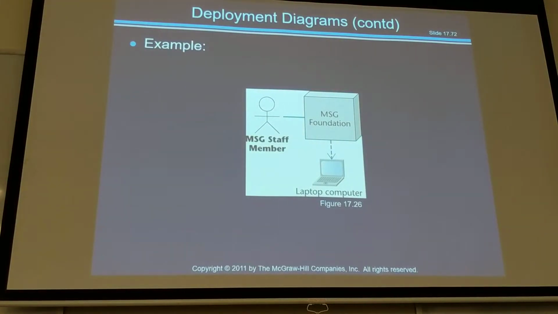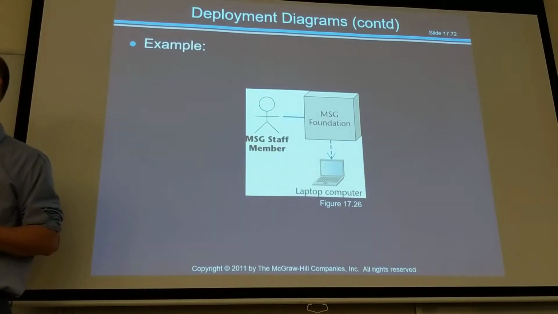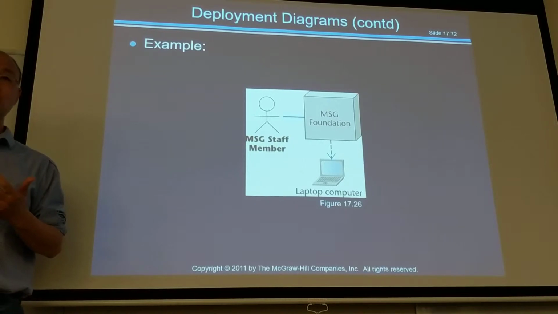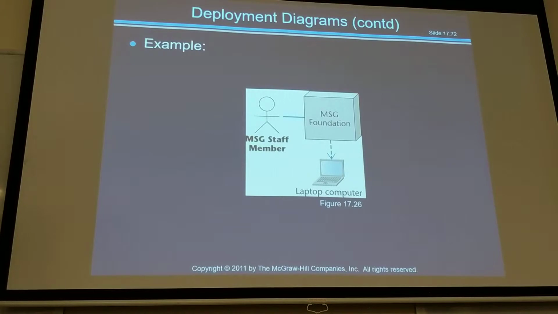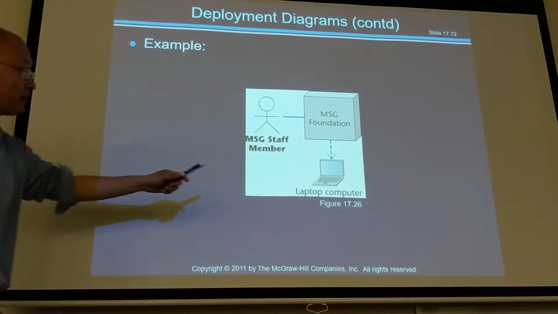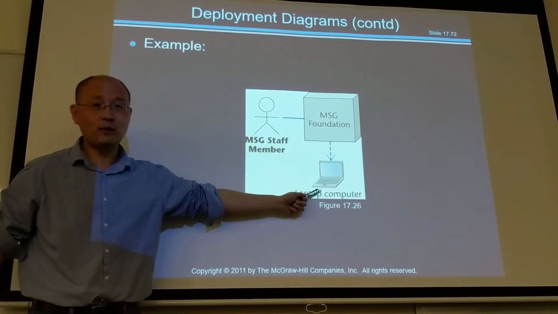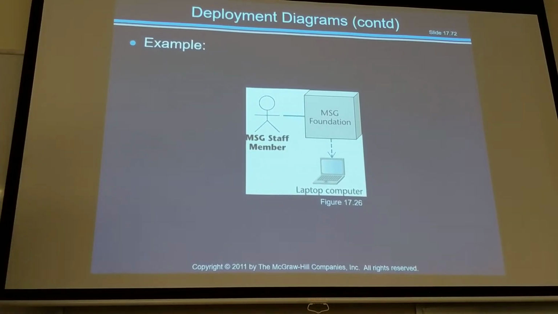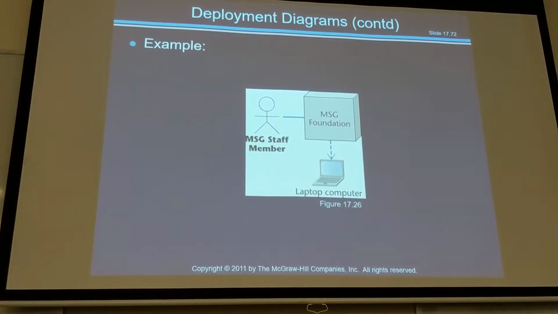Deployment diagram. This basically says what goes where. This is actually relevant to your project as well. Suppose your server program should sit on a server. But in our case, your computer is both a server and also a client. So this laptop is running the server program and also running the client program at the same time.